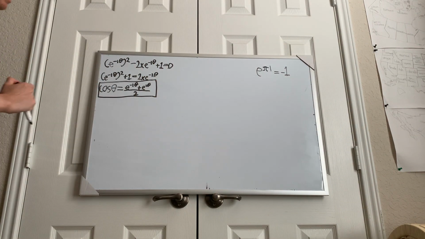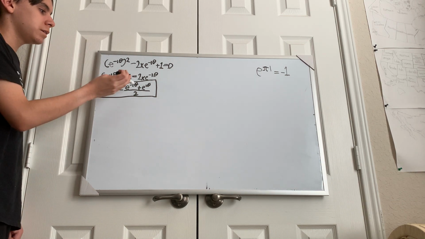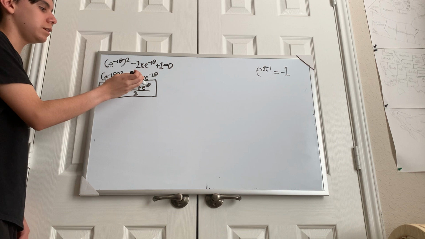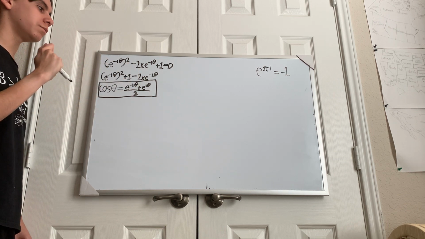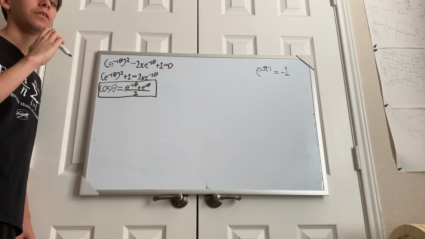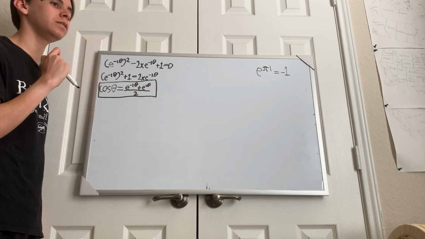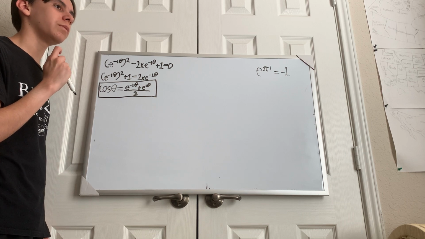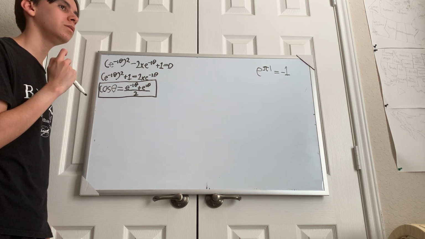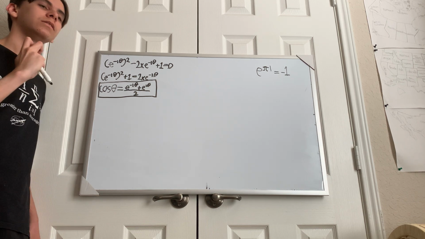So if we plug in pi here, we know cosine of pi is negative 1. So we have e to the pi i, or negative 1, plus e to the negative pi i, which is just 1 over e to the pi i, which is also negative 1. So negative 1 minus 1 over 2, that's going to be equal to negative 1.